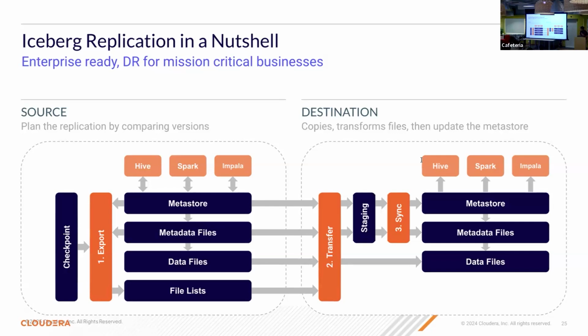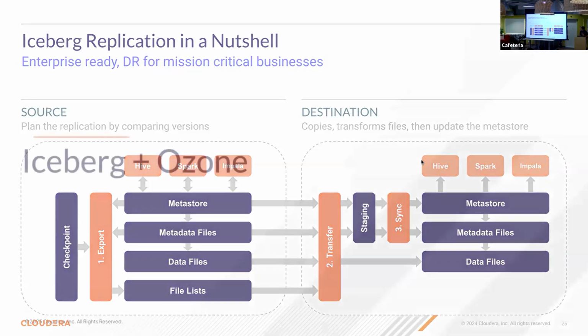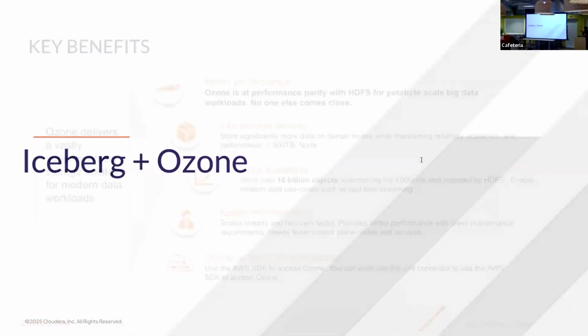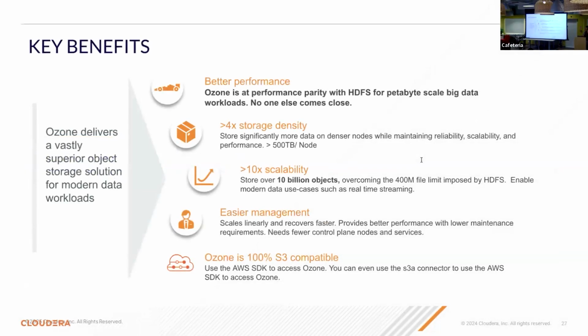So with this we talked about replication, but more, which is on Ozone. Ozone is basically designed to scale to billions of objects, eliminating the small file problem.